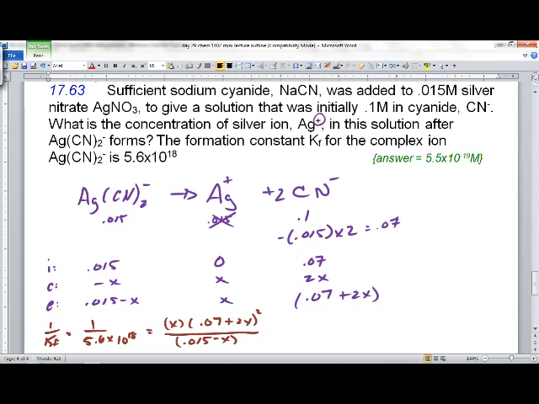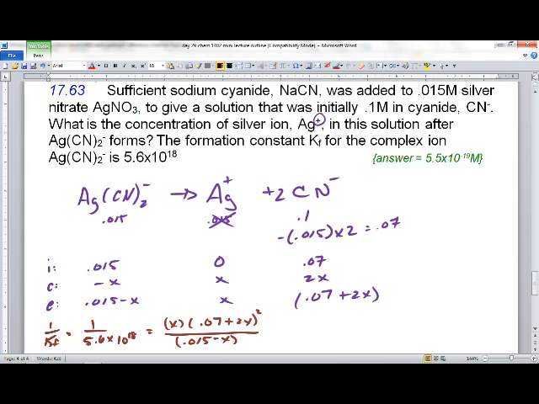On an exam, I don't suggest jumping right to putting in the x's. I suggest writing the full expression, right? Concentration of silver, concentration of cyanide squared, over the concentration of complex cyanide. Otherwise, you might forget to write a squared in there.